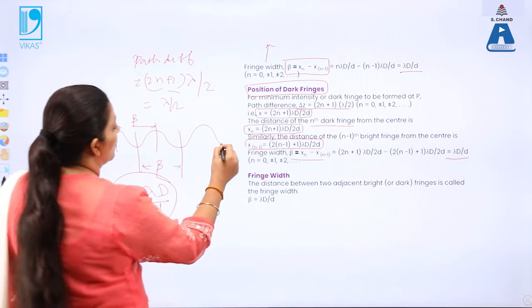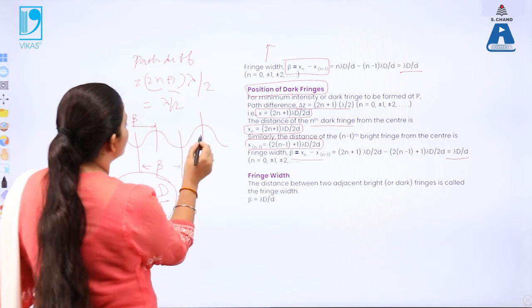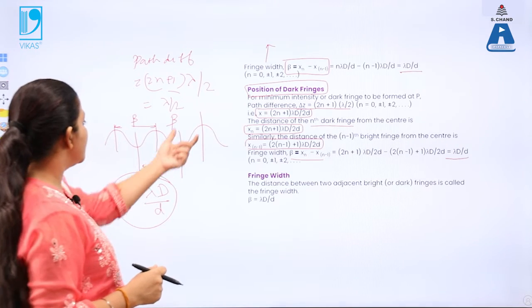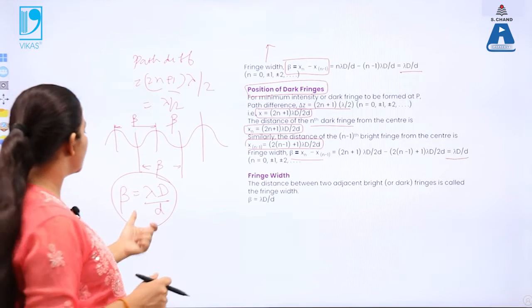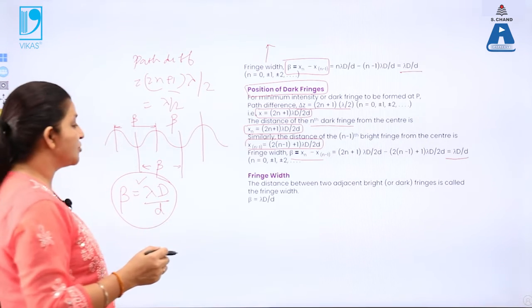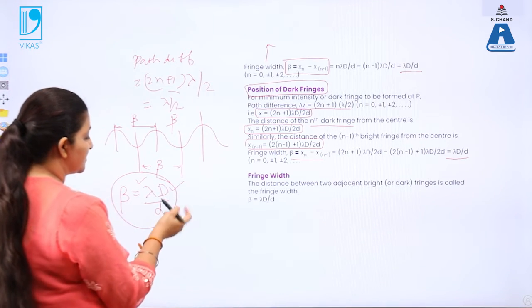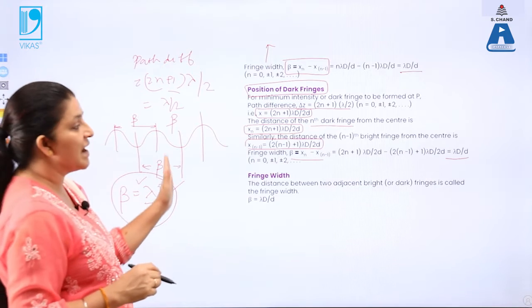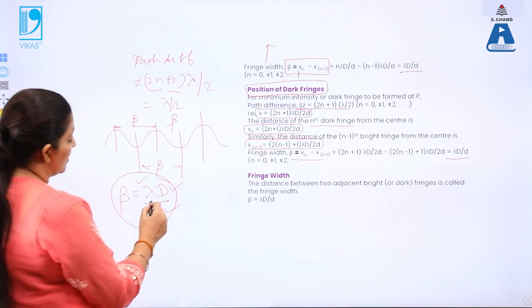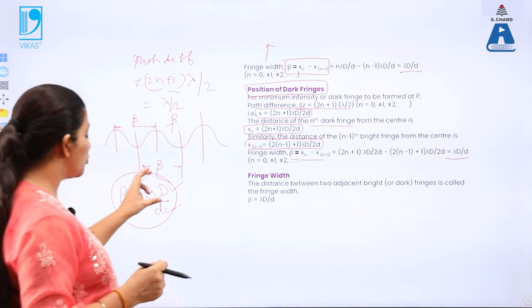Means when you calculate the difference between any two maxima, it will also come out as beta. Because it does not depend upon n, it is fixed here. Lambda is fixed, that is the wavelength corresponding to the source. Capital D is the distance between the slits and the screen, which is fixed. What is small d? This is the distance between the two slits.